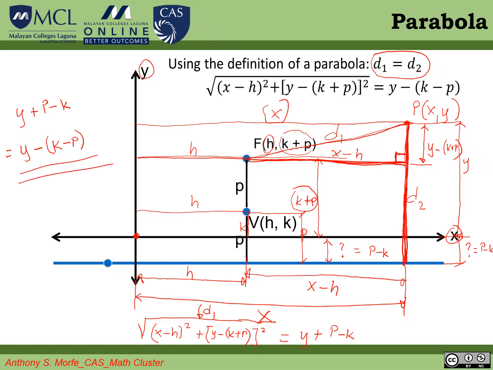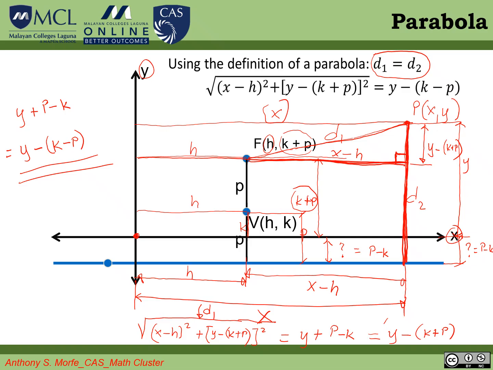So if you distribute this, negative k, negative times negative gives positive p. So they're just the same. So we can change this to y minus k plus p.